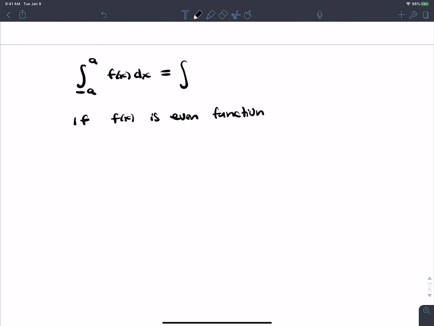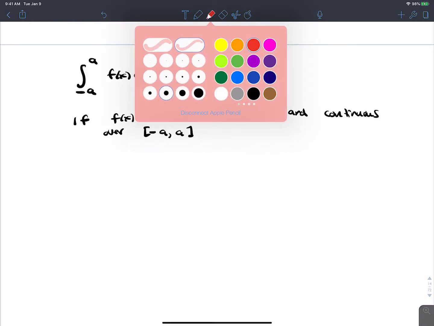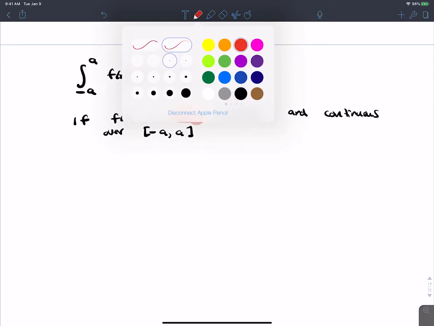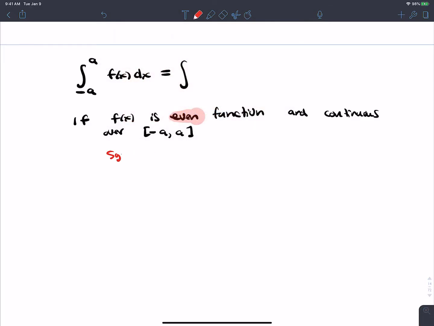So the function is even, and let's just emphasize continuous over the interval as well. It's assumed if you're going to take the integral. But the point is, your function has to be what? Even. What's nice about even functions? Even functions are what? Symmetric. Symmetric about what? The y-axis.